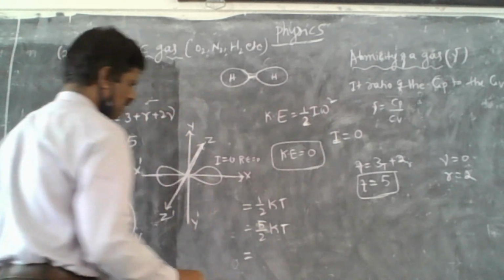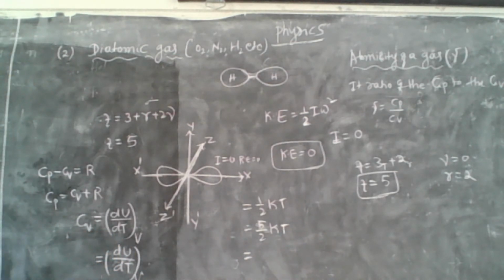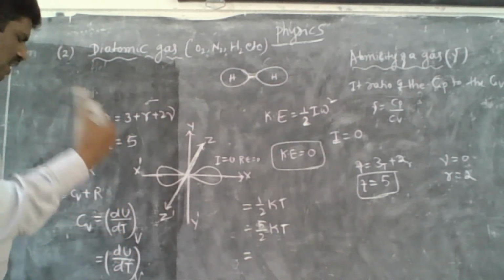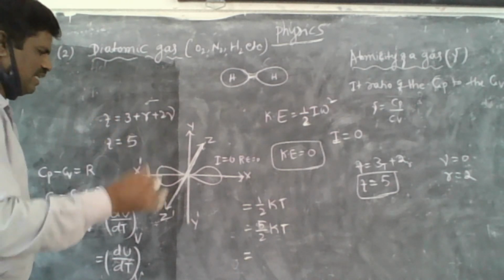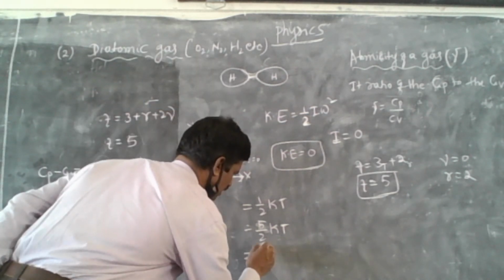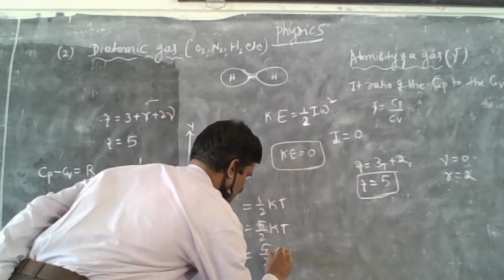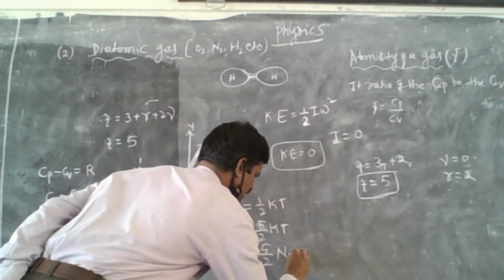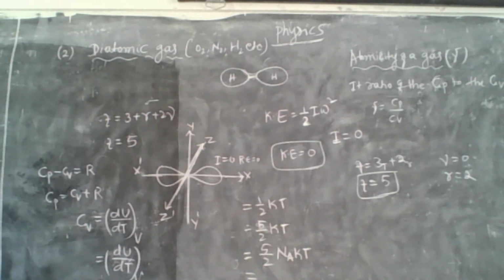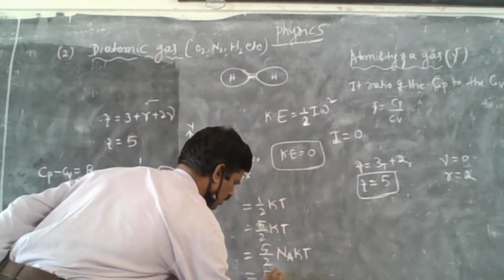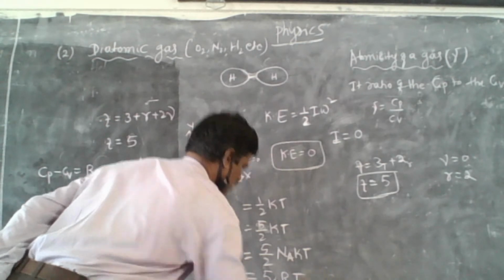Therefore, the total energy of 1 mole of gas, containing Na Avogadro number of molecules, is 5 by 2 Na kT. So Na k is equal to R, giving 5 by 2 RT.